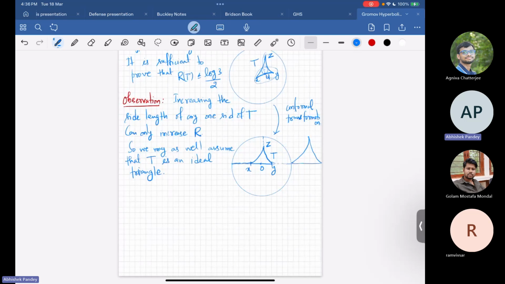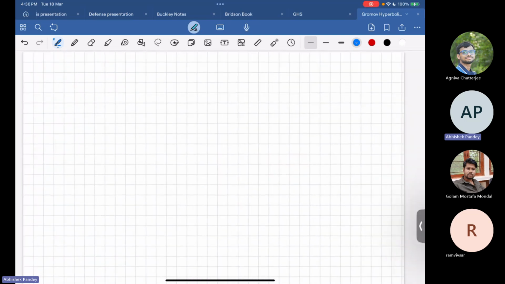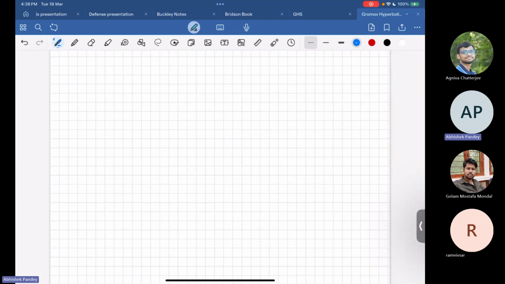If you see an ideal triangle in the upper half plane, the geodesics go to the boundary points, this is, let us say, this part. This is a geodesic segment joining these 2 points, isn't it? Now what we are doing is just increasing the size of this one. So the sides of an ideal triangle are geodesic lines.